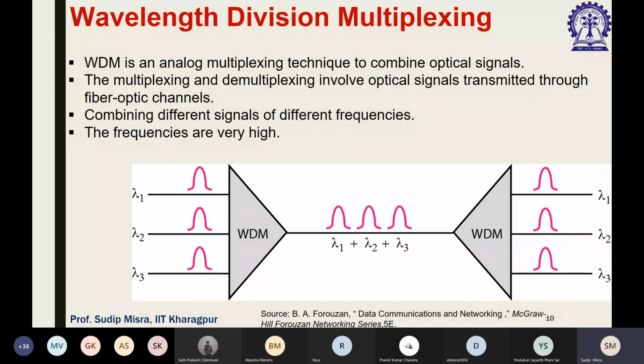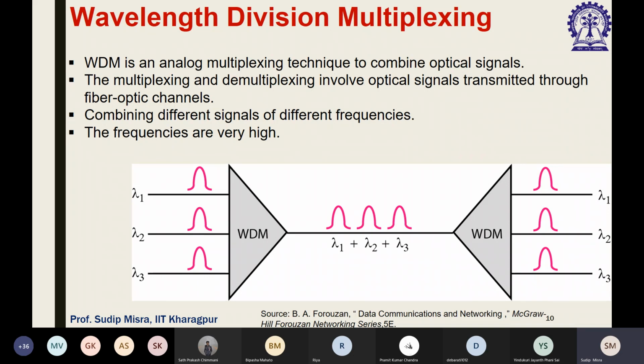So what is the formula? Frequency into wavelength equals speed. Yes, right. So f equals c by lambda, right? There are different variations and different types of consideration, but as you rightly said, these are inversely related. So you can think of combining these different signals of different frequencies, where the frequencies are going to be very high, so you need low wavelength pulses.